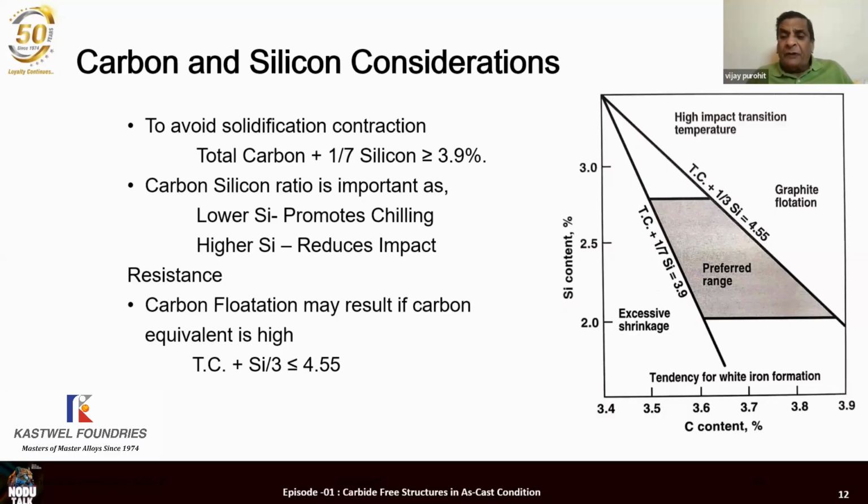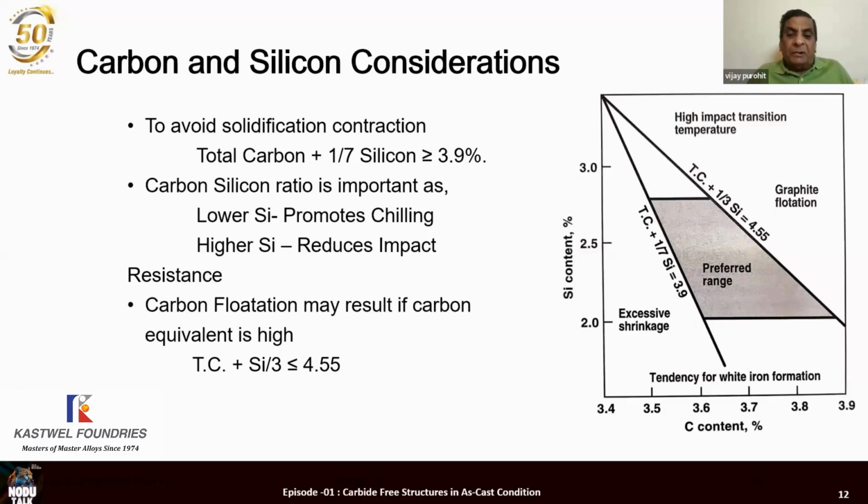So you see how you have a very, very narrow window to operate with carbon equivalent, carbon and silicon if you want to make defect-free castings. And when we have defective castings, we try to run around to find out what is the cause. We will be looking at some of the possible causes which we unknowingly happen to do in the foundry, which cause the problems in the castings, and we do not understand that.